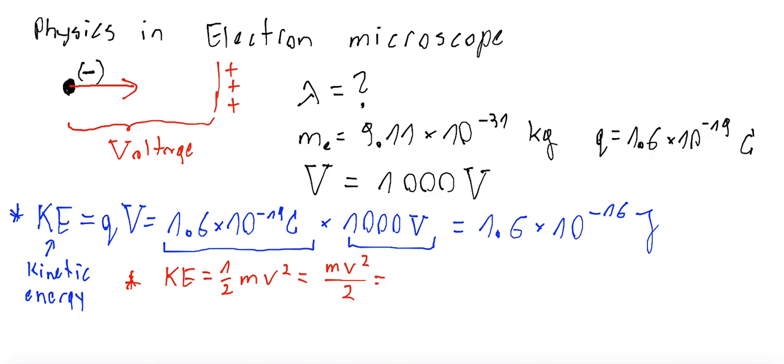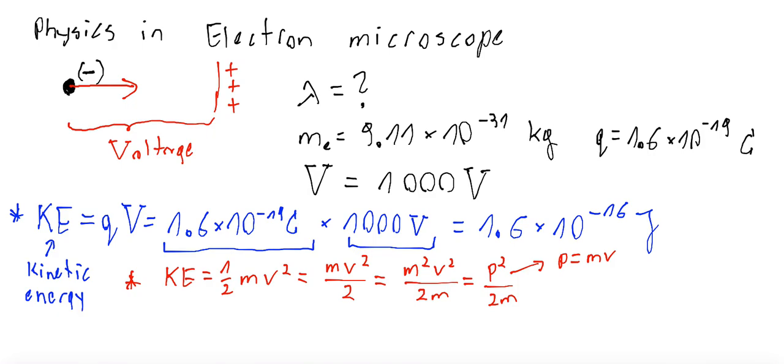I'm going to write this in a slightly different form: m squared v squared divided by 2m is the same, because you can always cancel the mass, obtaining mv squared over 2. What is m squared v squared? It's momentum squared, because as I said at the beginning, momentum is the product of mass and velocity. Okay? So this equation in an easy way links the momentum of the electron with its kinetic energy.